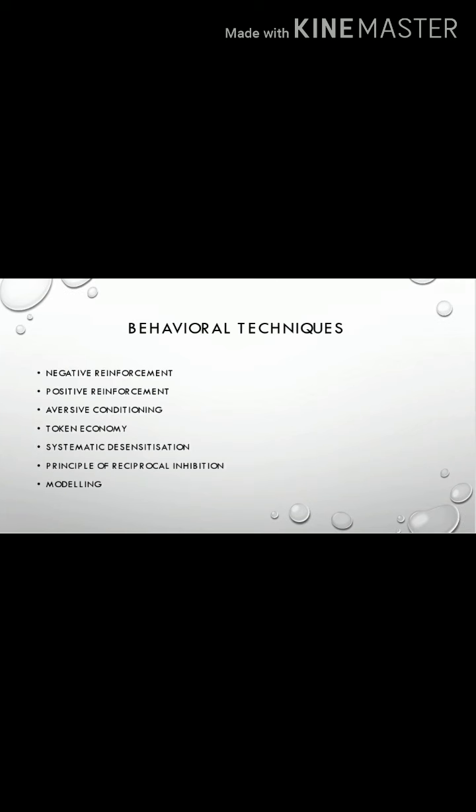So students, our next subtopic is behavioral techniques. There are a range of techniques available for changing behavior, or for behavioral modification. In behavioral therapy, we use various principles from learning theories.